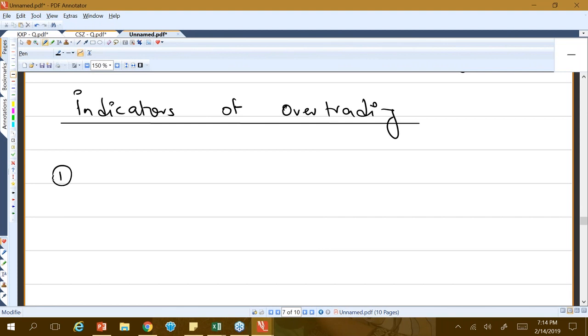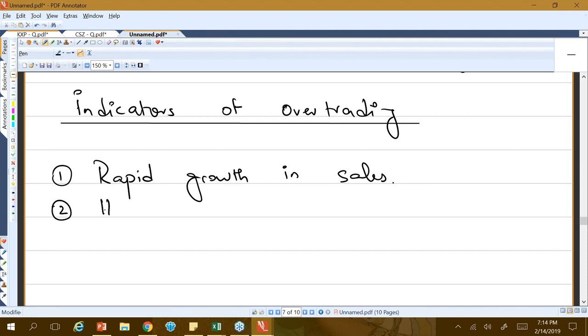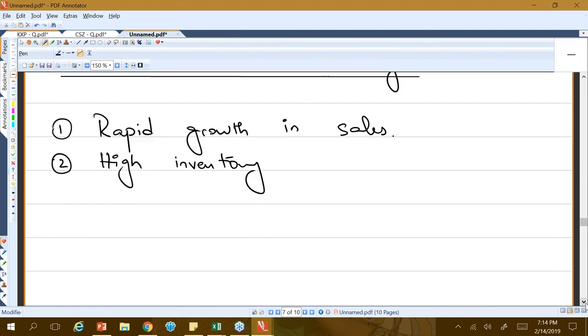The first indicator is that you have rapid growth in sales. The second indicator is that you are maintaining high inventories because you want to sell more.